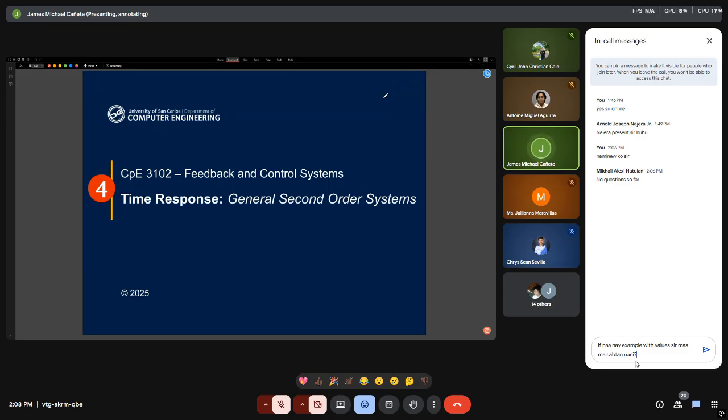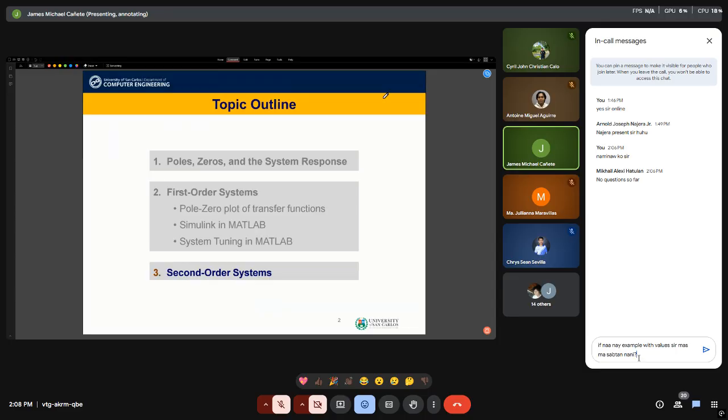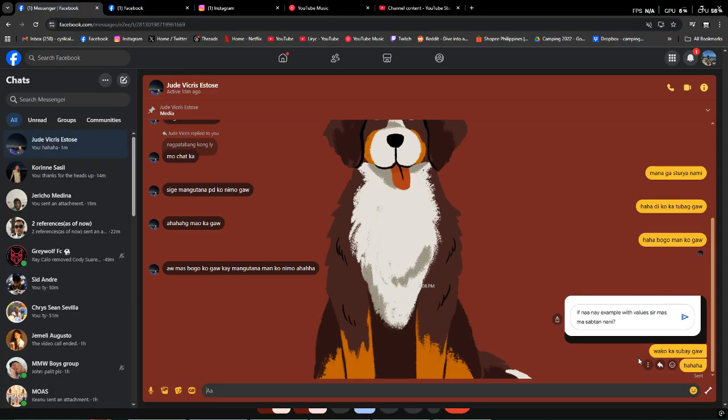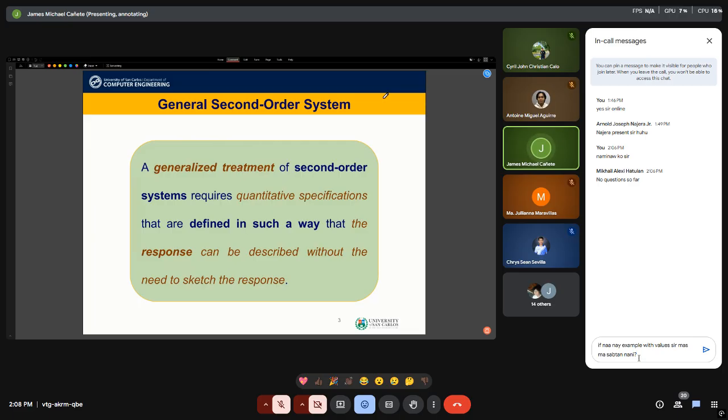So let's now continue with the next topic, the time response for a second order system. So we now look at a generalized treatment. How do we look at a second order system as a whole? Are there ways to describe or define it easily?